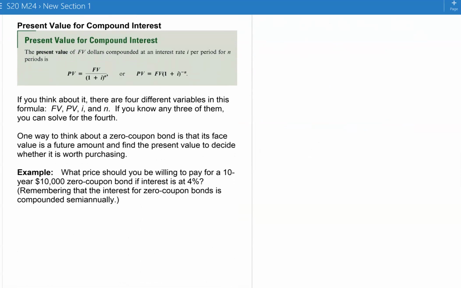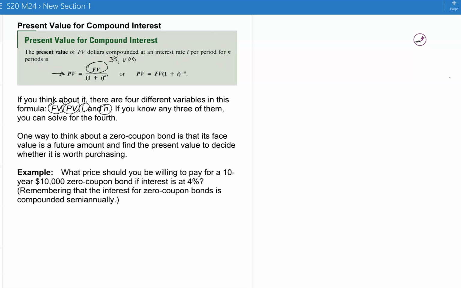So suppose you know interest is going to be compounded, but you want to figure out how much do I put in now in order to have a certain amount. So the future value is what you know. I want to have, say, $35,000 to buy a car 5 years from now. How much do I need to put in now? So there's 4 different variables in this formula: future value, present value, interest, and number of periods, or how long are you going to put the money in for.